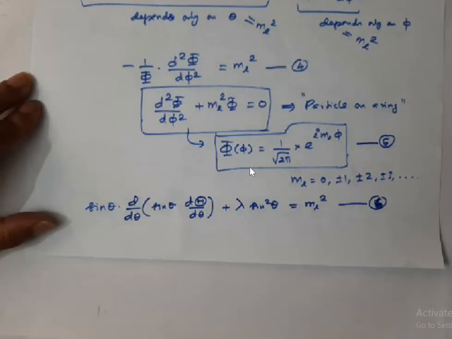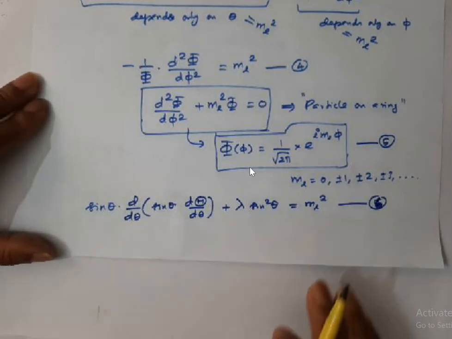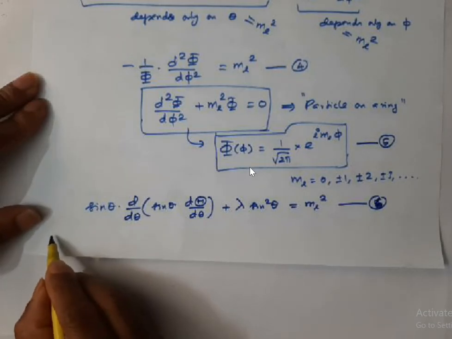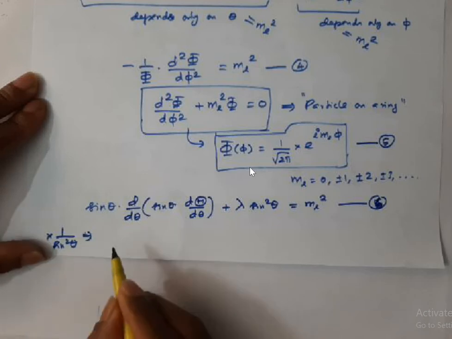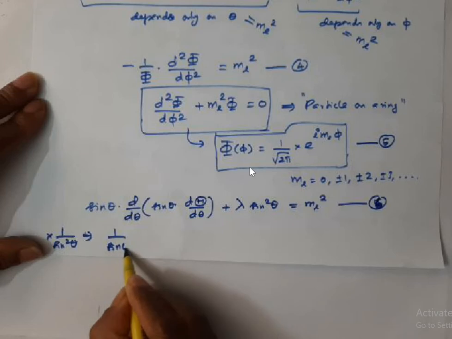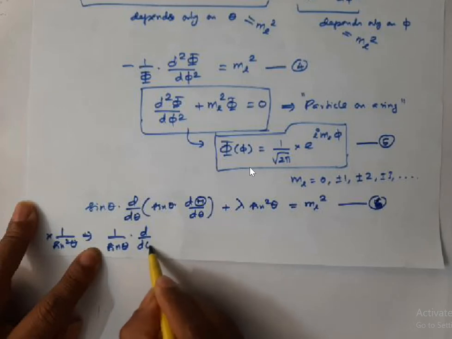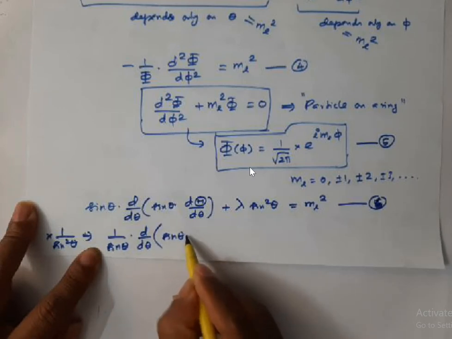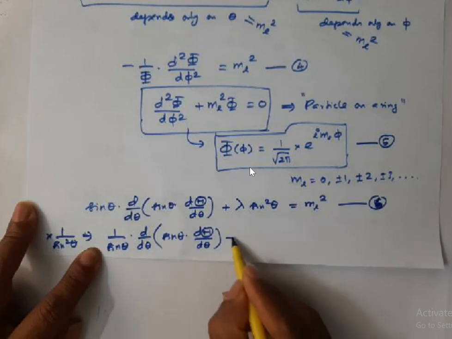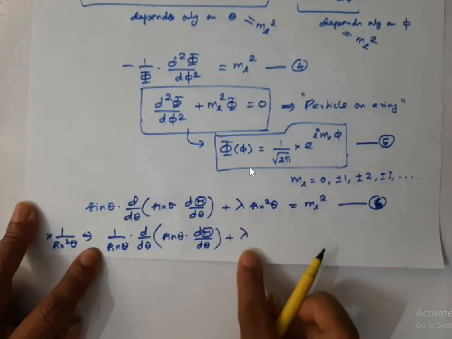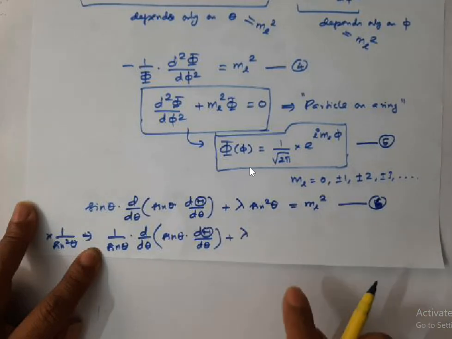To solve this, I'm going to divide throughout by sin square theta. So multiply throughout by 1 by sin square theta. What will I get is 1 by sin theta into d by d theta into sin theta d big theta by d theta plus lambda, and here we will get ml square into sin square theta.